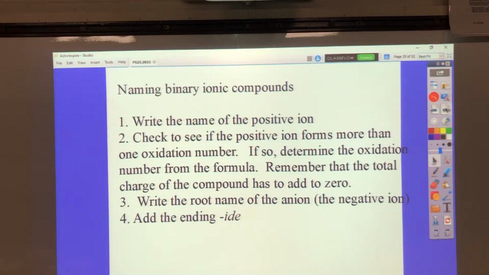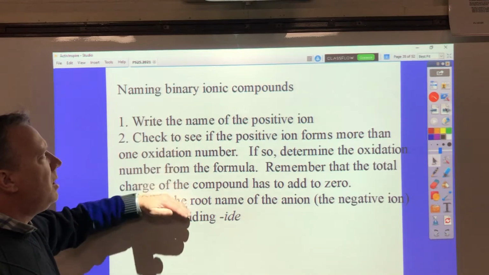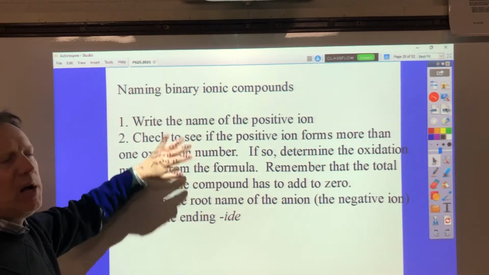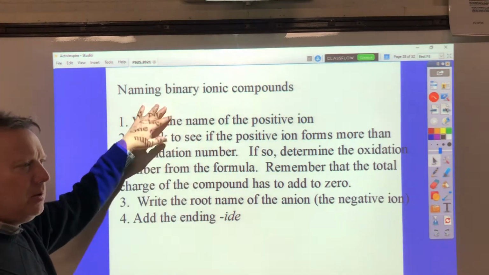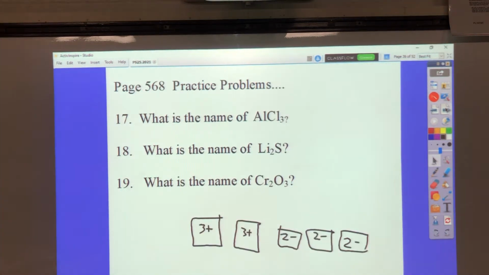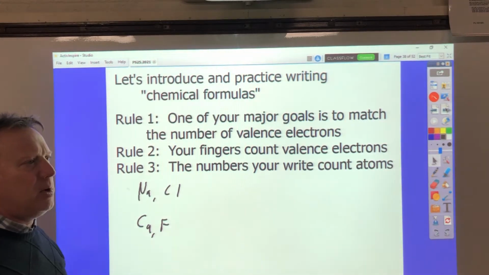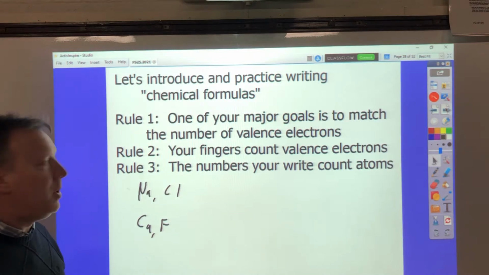Okay. So these are the rules that the book uses for naming binary ionic compounds. For now, I'm going to skip these and come back to them. I've got a little bit simpler way I'm going to do it to start. This is what I introduced last Friday and last Monday, and everybody pretty much got it right away.